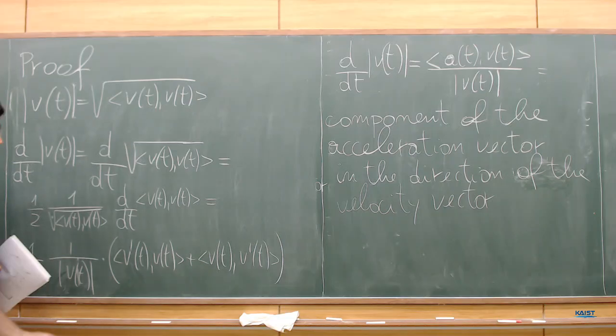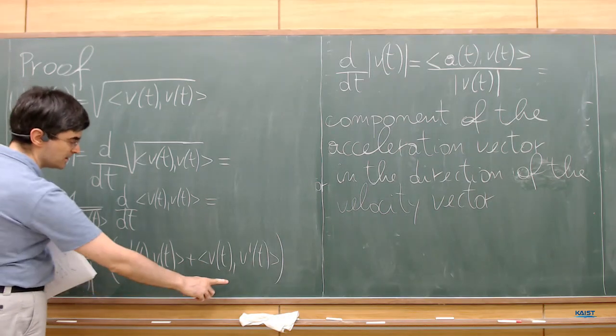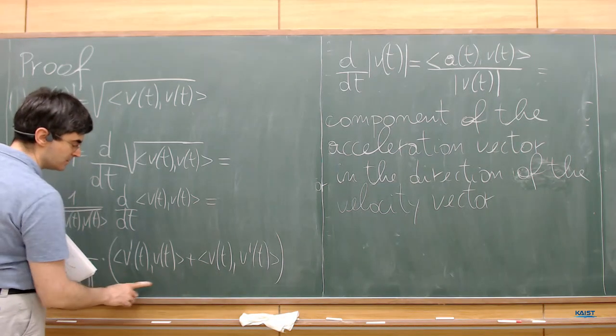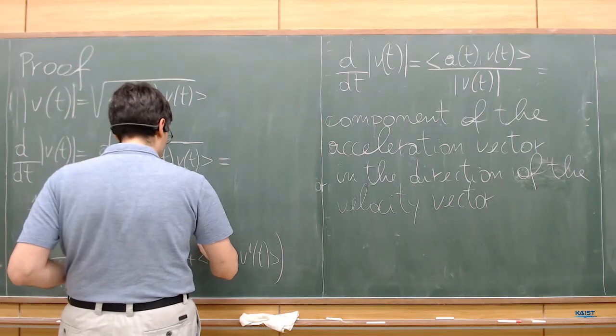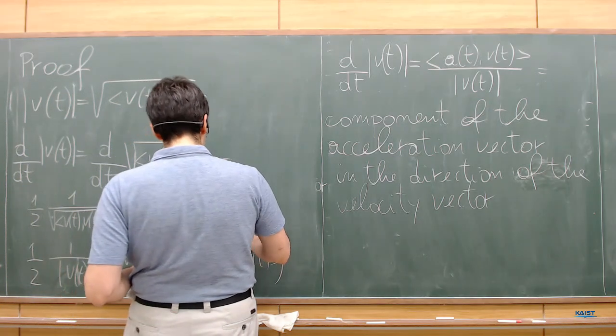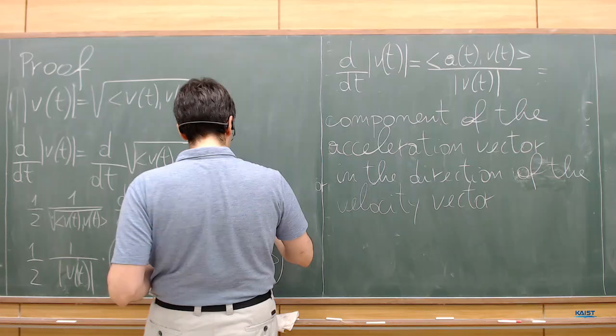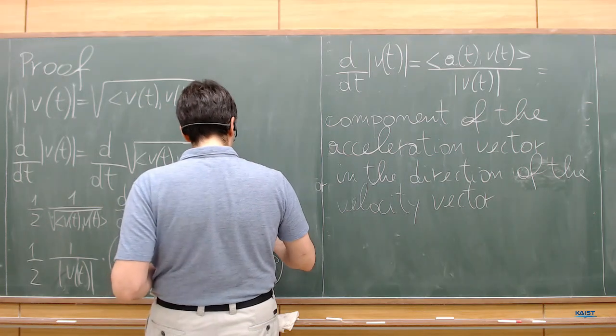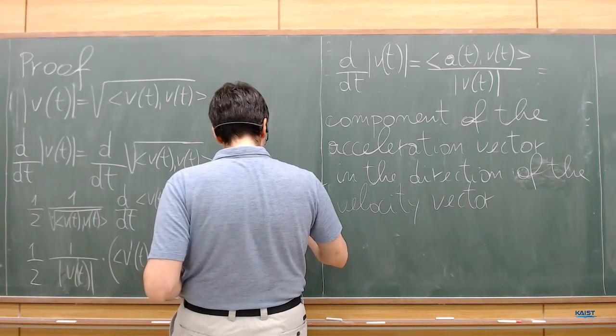By symmetry of the inner product, these two summands are the same, so this is twice the inner product of V prime of t with V of t.